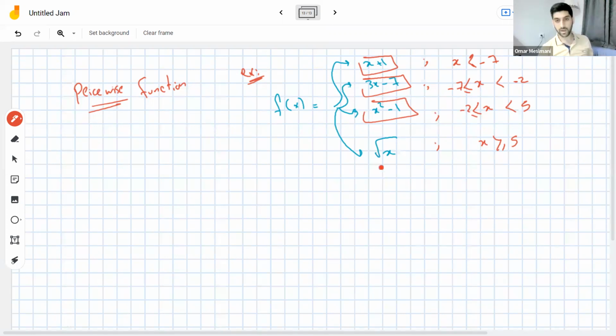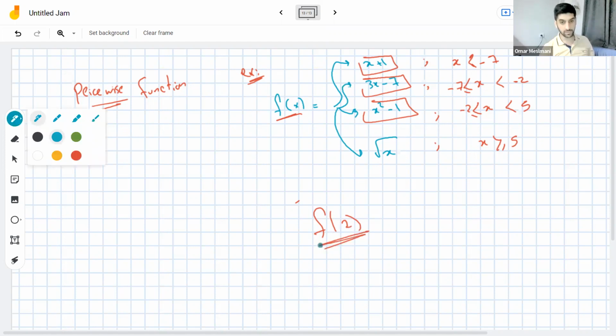Now, for example, I'm having this, and it's asking what is the value of f of 2. To find it, the first thing I have to do is decide which of the four rules to use. The x value is 2.